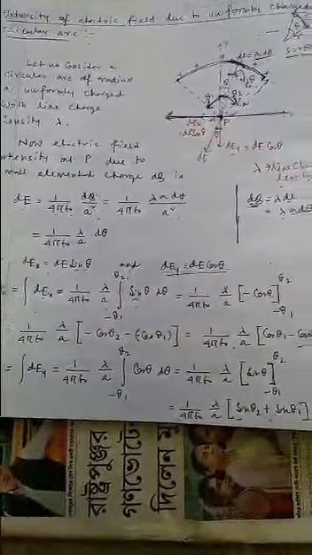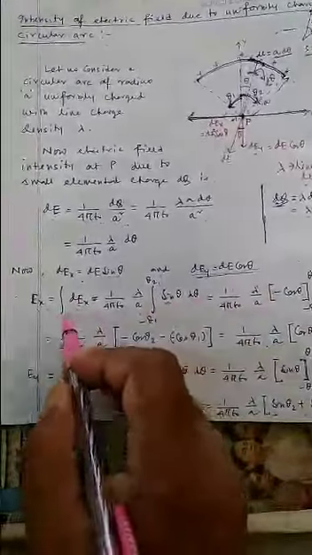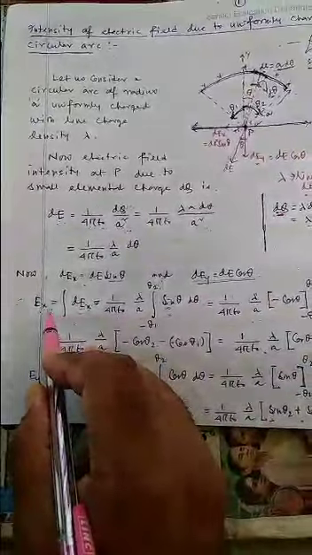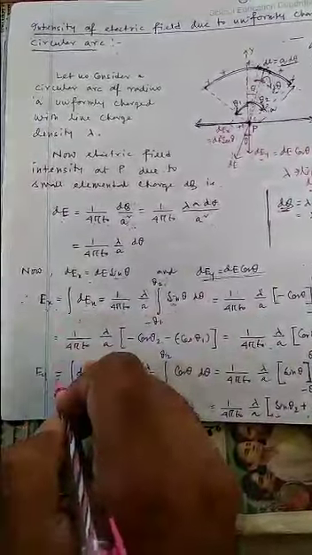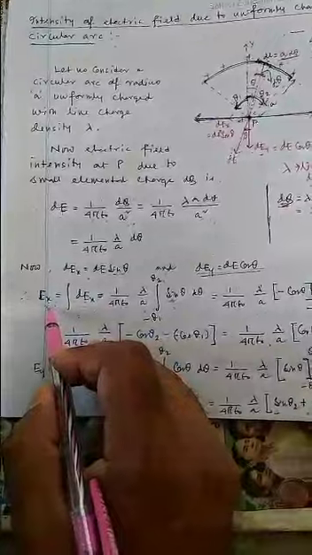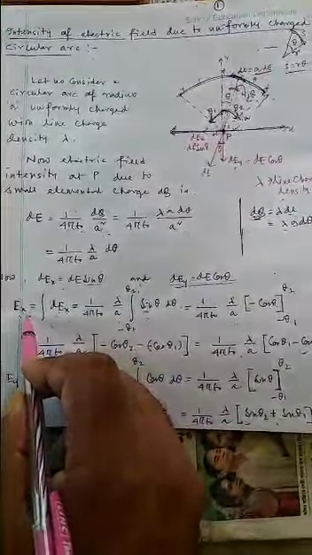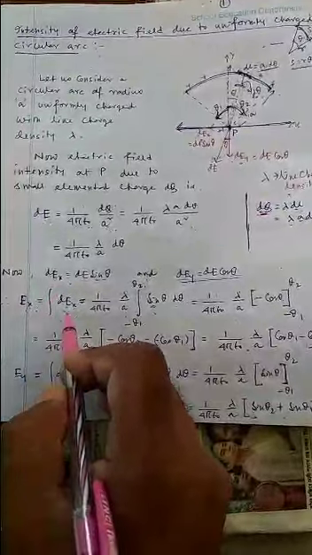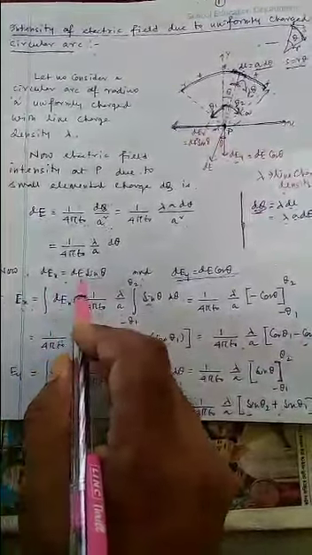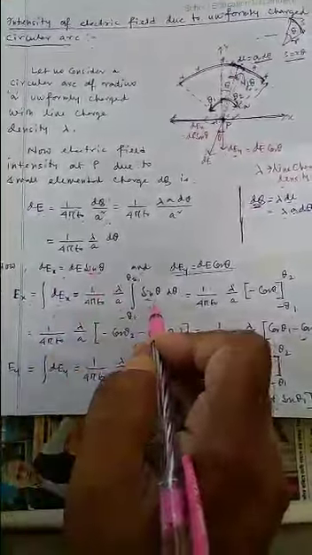Now one by one, I'll find out the intensity of electric field component along the x-axis and along the y-axis. So Ex, that is the component of intensity of electric field along the x-axis, is the integral of dEx, which is dE sin theta.